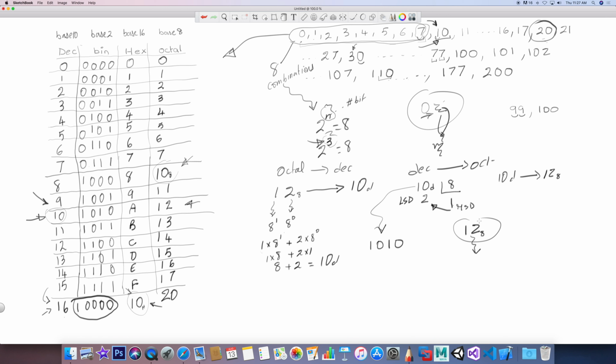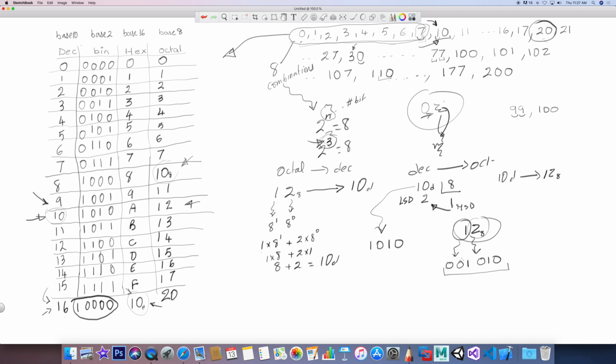Now each one of these digits is going to be just like we did with hex, but we did it with 4 bits. This time, be careful, you're going to do it with 3 bits. So what is 2 represented in 3 bits? That's 0, 1, 0. And what is 1 represented in 3 bits? 0, 0, 1. So what does that lead to?